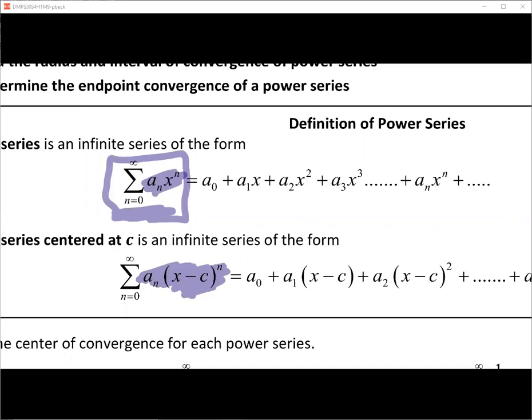This one models the Maclaurin series because our center is at x equals 0. We can tell that because this is x minus 0 to the nth power. The bottom one is more of a Taylor series in general because we do have a center. So this is the center at x equals c.